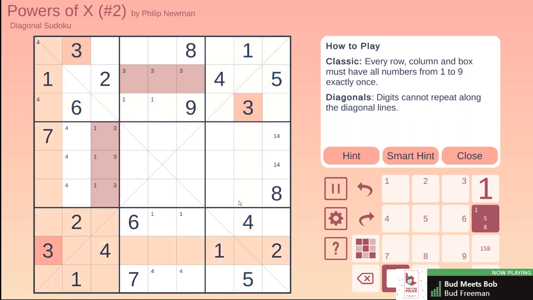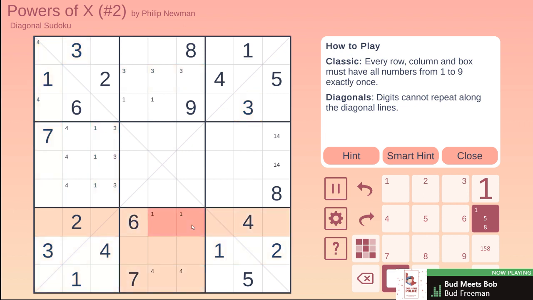Here it doesn't really restrict much. It can be anywhere. Here or here. Here it has to be here, because we know that's a 1-4 pair. And that means this has to be a 3 in one of these 2 spots. Okay, okay, that's good.